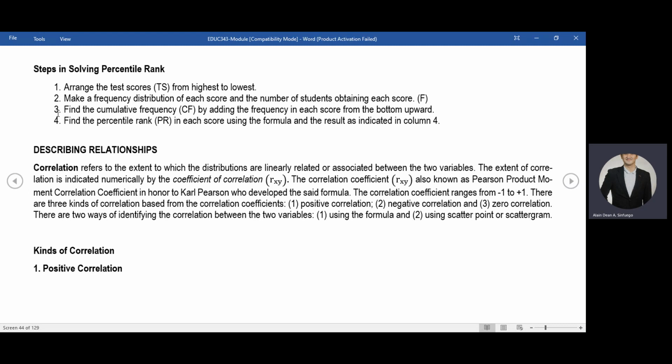There are three kinds of correlation based on the correlation coefficients: positive, negative, and zero correlation. There are two ways of identifying the correlation between two variables: using the formula and using the scatter points on a scatter plot.